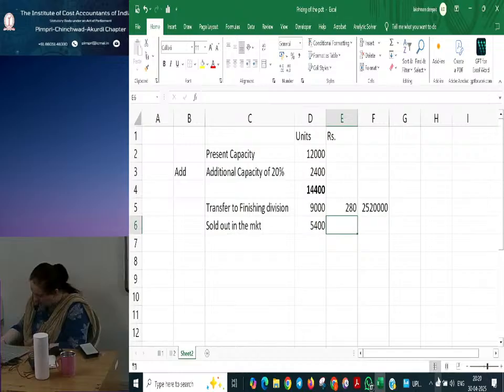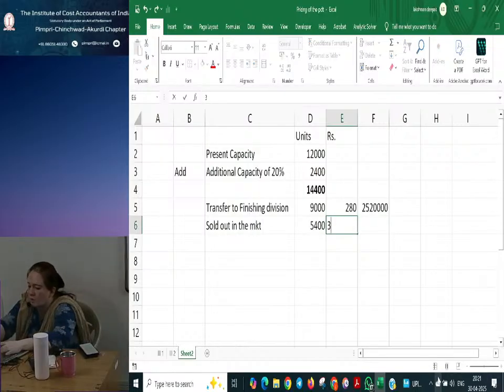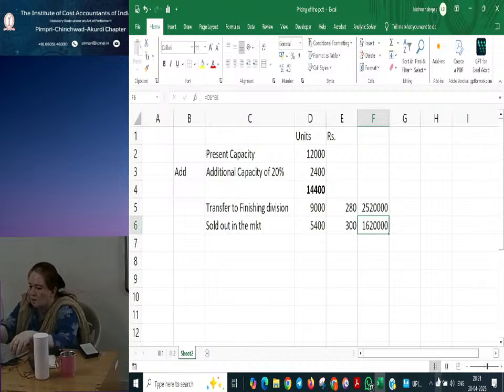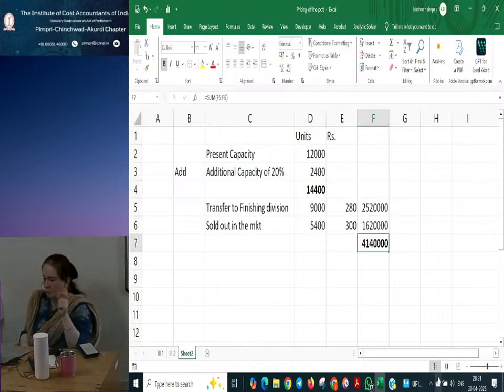So the market price at which they are going to sell is 12,000, 6 lakhs and 300 rupees. That's also going to remain the same. So if you see, this is going to be their total sales value: 41 lakhs 40,000. Got it? Yes, Anu, got it? Yes.